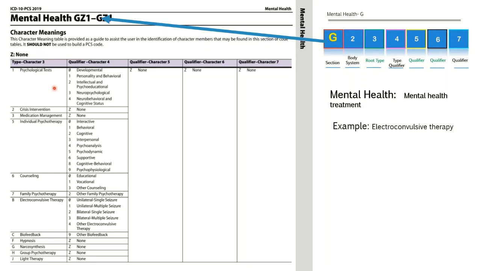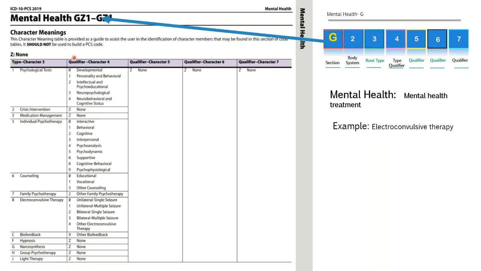You've got psychological tests, crisis intervention, medication management, individual psychotherapy, counseling, family psychotherapy, electroconvulsive therapy, biofeedback, hypnosis, narcosynthesis, group therapy, light therapy.